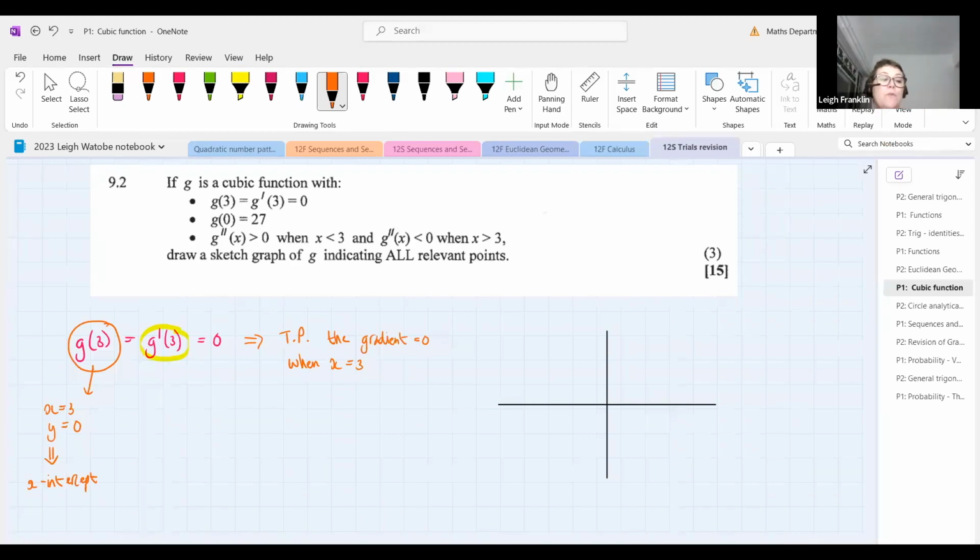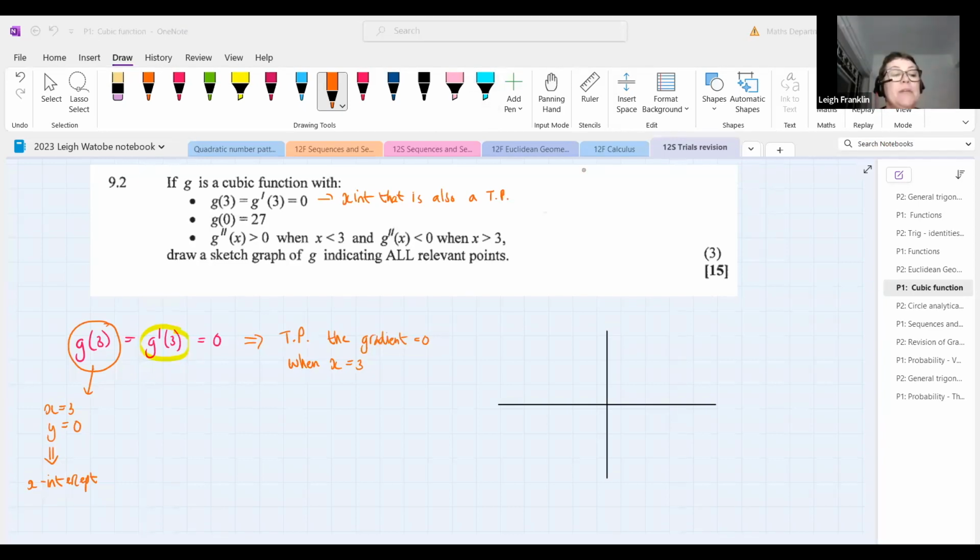So we've got an x-intercept that is also a turning point. Does that make sense to everybody? This is an x-intercept that is also a turning point. Makes sense. Okay, cool. All right.